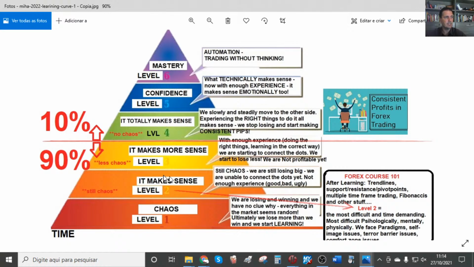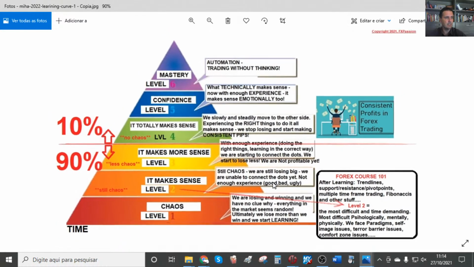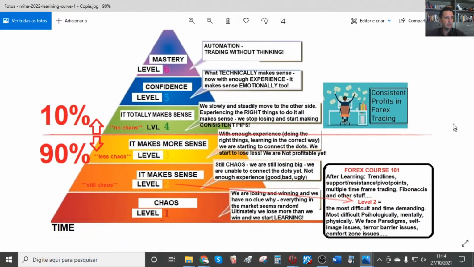And this level number 2, everybody, is the most difficult and time demanding, most difficult physiologically, psychologically, mentally, physically. We face paradigm, self-image issues, terror barrier issues, comfort zone issues, everybody. So, from the course, you are at level number 3.